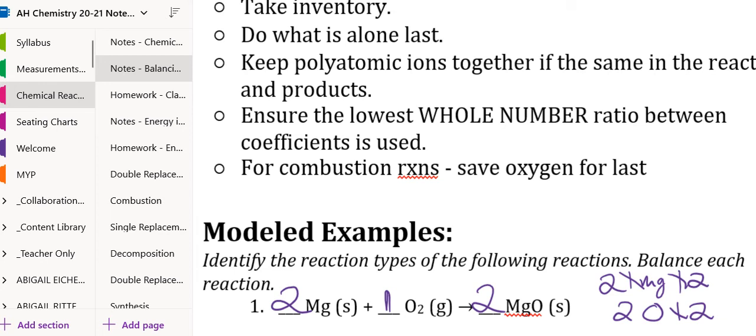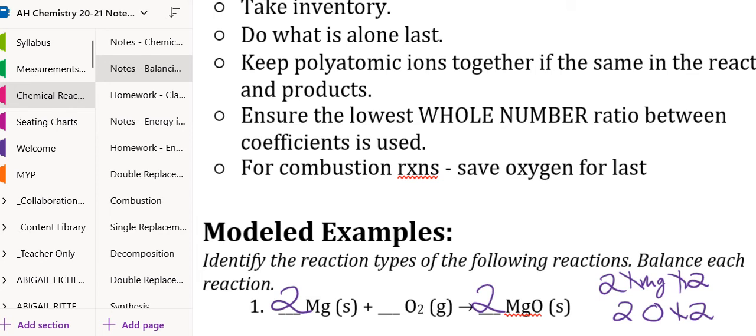Believe me when I say I have had some of my very top students who knew balancing backwards and forwards, that on a test that was over in IB chemistry, the only question they missed was the sum of the coefficients because they forgot to add in the 1s. And it wasn't because they didn't know how to balance it. They just did the problem too quickly and forgot to add in the 1s.